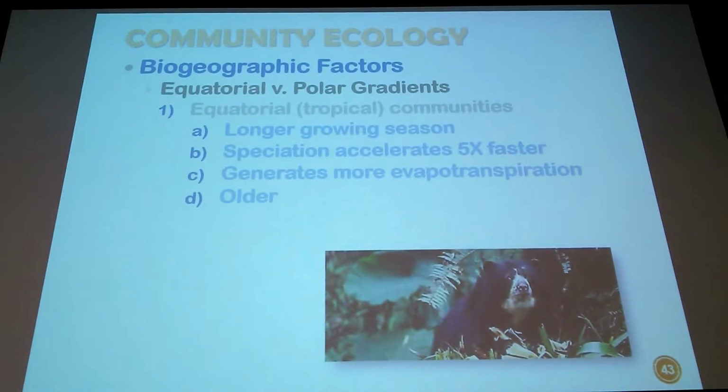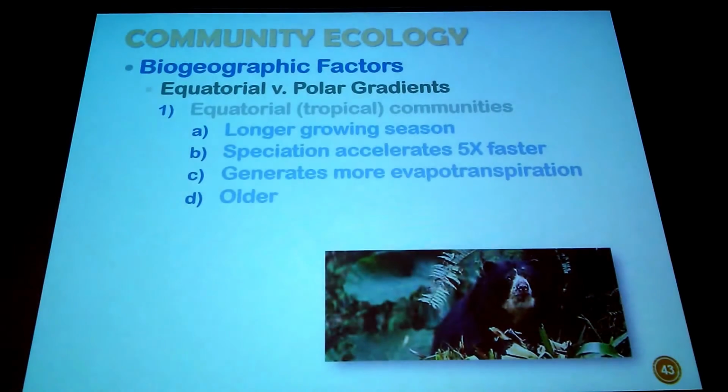They take it up the xylem, out to the leaves where photosynthesis occurs, but not all the water stays there. It exits the stomata when the guard cells are open. Remember all these terms? Nice little review there. You're welcome. It escapes into the atmosphere, so it's a plant's way of returning some of the water to the atmosphere. It generates more evapotranspiration, and the equatorial areas tend to be older.